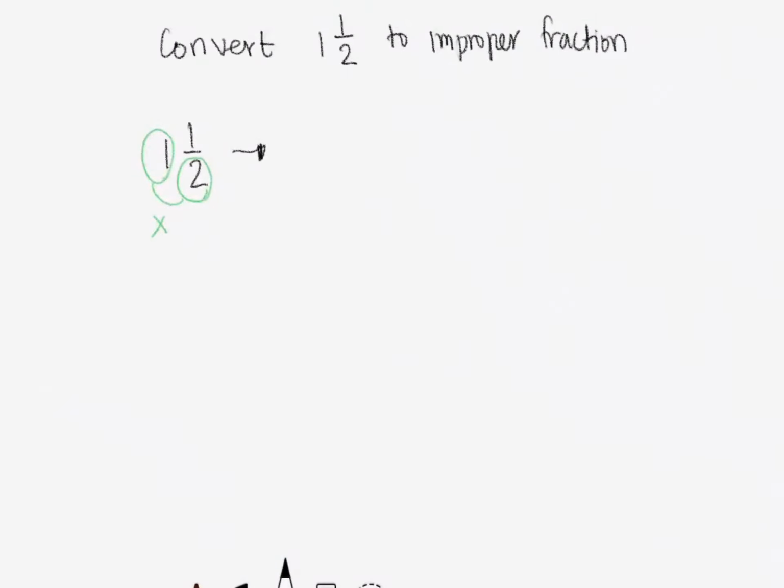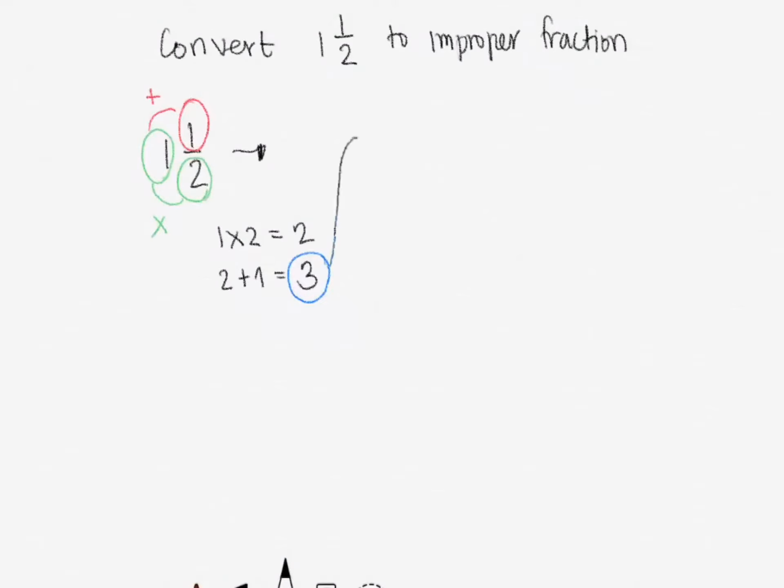We have 1 times 2 is equal to 2. And then, the answer, let's add to the numerator. So, we will add. So, we have 2 plus 1 is equal to 3. And this 3, this answer of 3, siya yung magiging bago nating numerator.